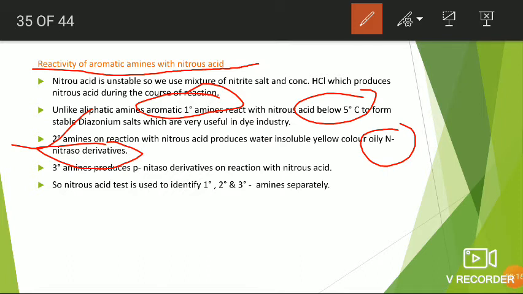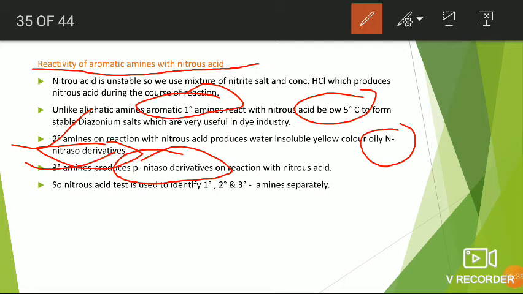Next, reaction of aromatic tertiary amine with nitrous acid generally produces a para-nitroso derivative. In the case of secondary amine, we get N-nitroso, that is, the NO group is attached to the nitrogen atom of the amine group.